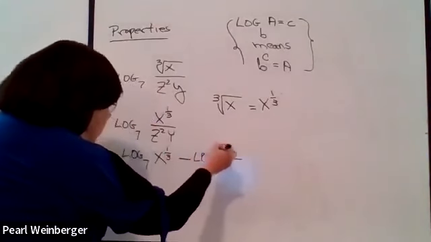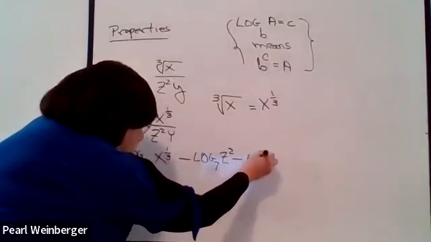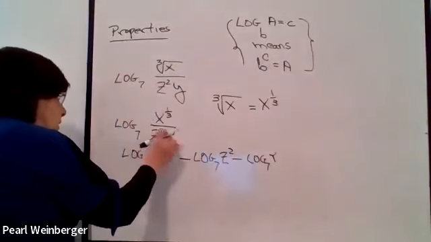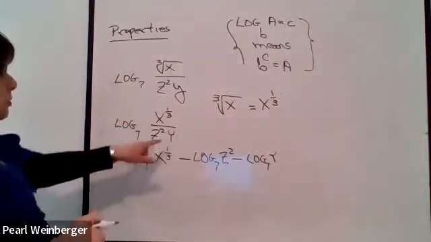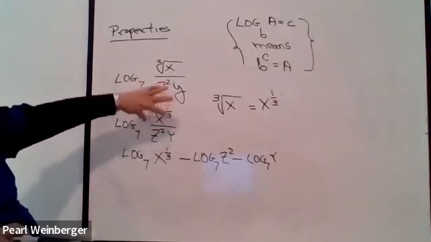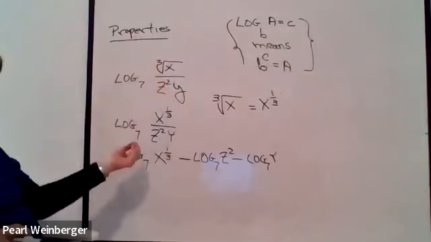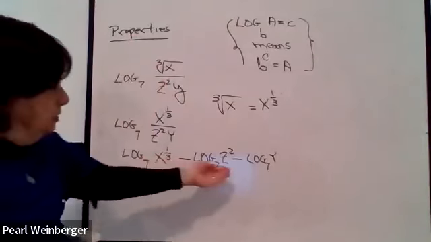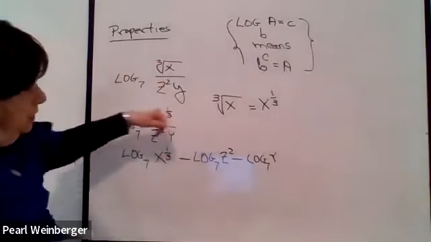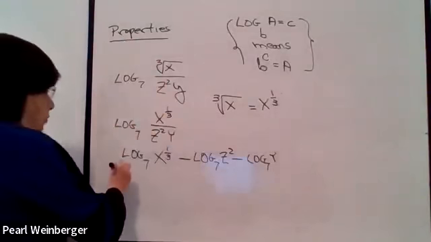And also minus log base 7 of y. I have to subtract this log of y as well because that y, it's in the denominator. Anything in the denominator is a divisor. It has to be subtracted. And now I go back and I put the exponents in front.